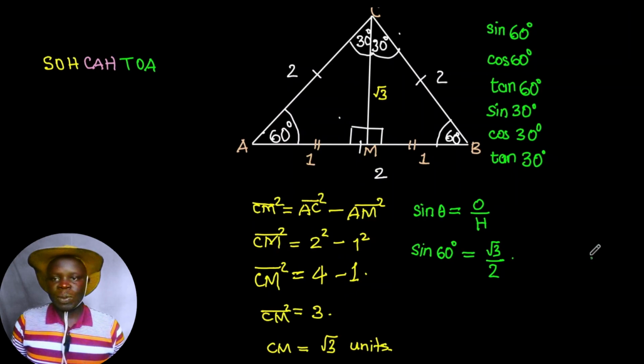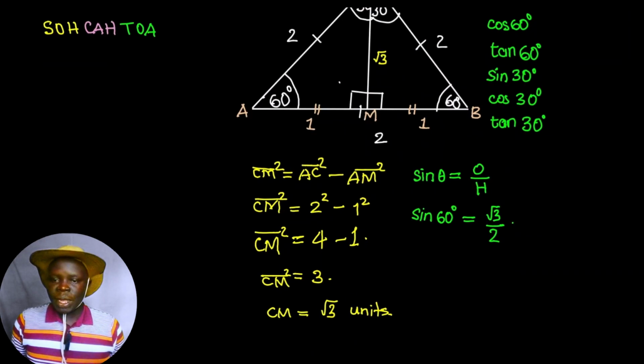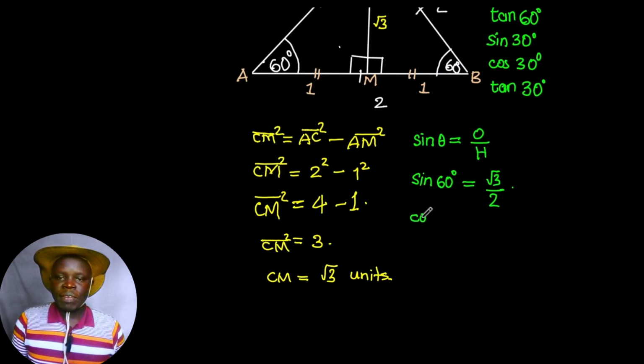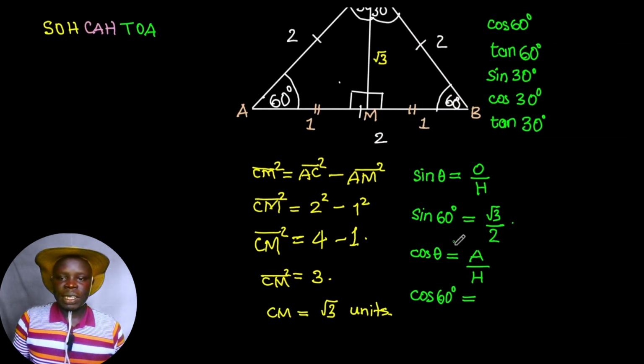Next is the special angle for cosine. The cosine of the given angle theta is given by adjacent over hypotenuse. Now we place theta as 60 degrees, and the adjacent is 1, over the hypotenuse, which is 2.